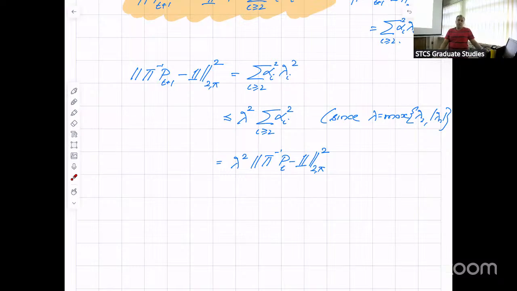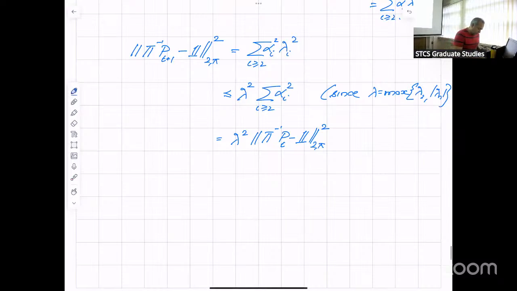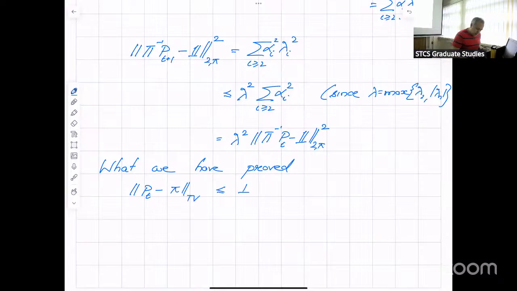It's going to 0 in the limit. That means it's getting closer and closer to the stationary distribution. So essentially, what we have proved so far is that the total variation distance between P^t and the stationary distribution is at most half times lambda to the power t times the pi inverse of the starting distribution.